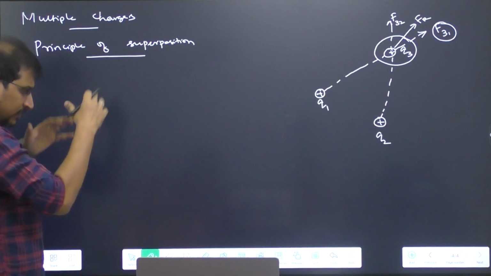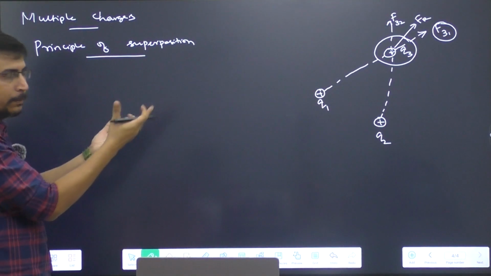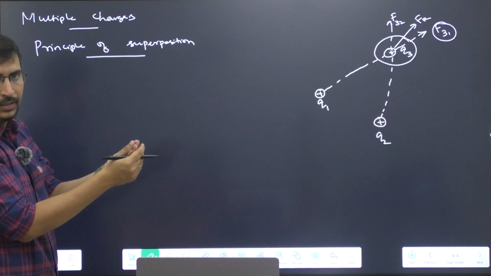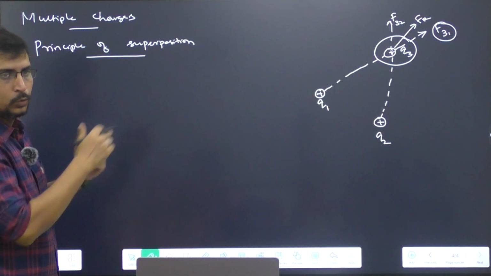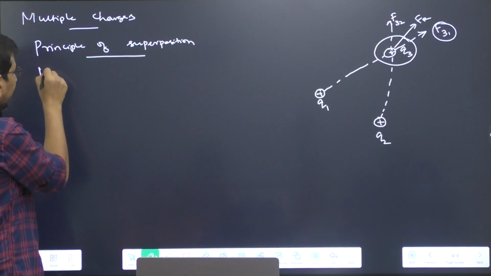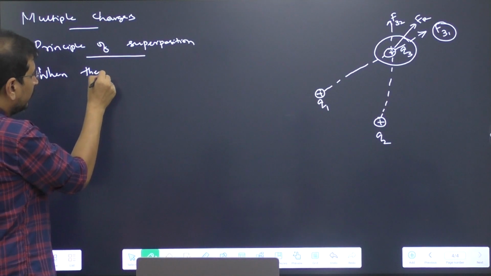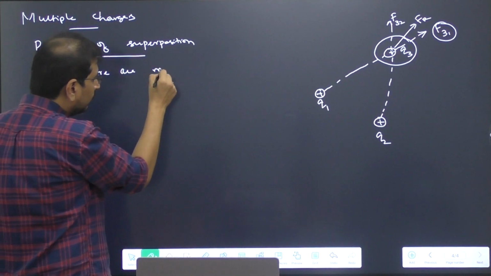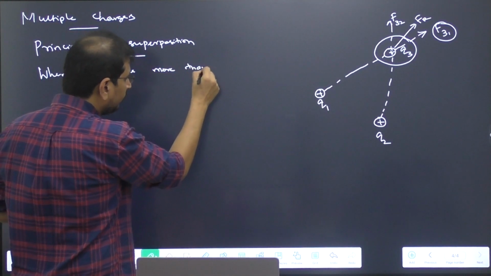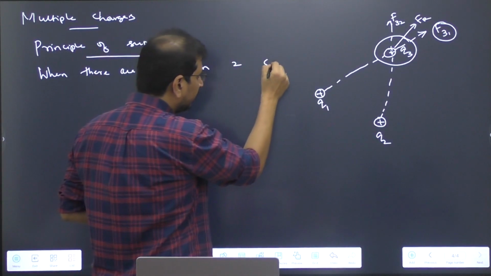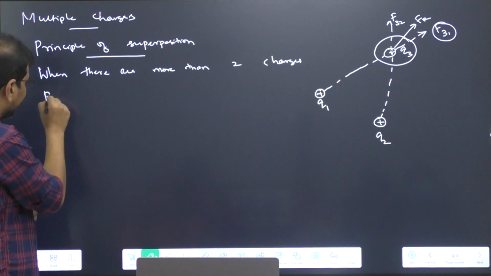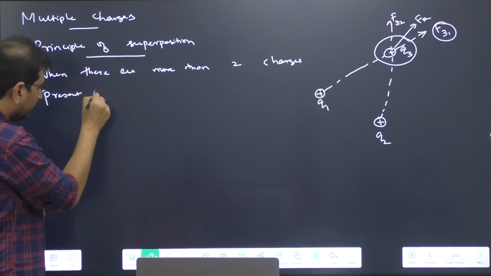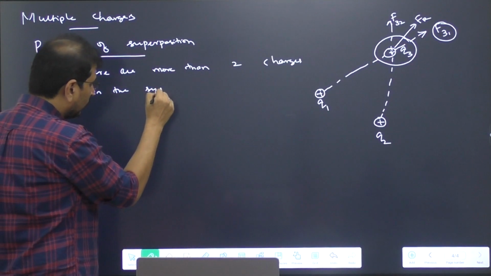Can I say something like this? Consolidate everything that I told you. When will you apply the principle of superposition? When there are multiple charges. Multiple according to you means more than 2 charges. So when there are more than 2 charges, am I right? When there are more than 2 charges present in the system, what will we do?